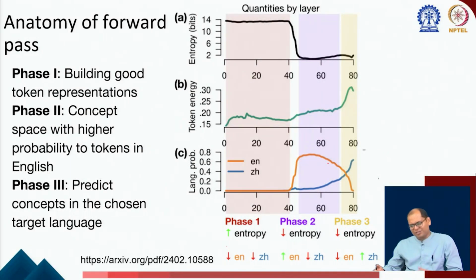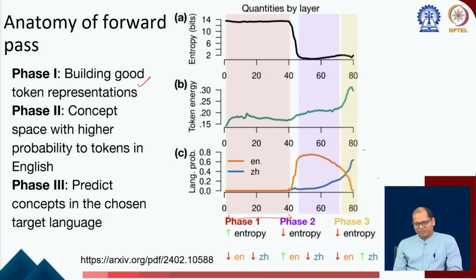Okay, and then based on this very interesting finding, they clearly identified 3 phases in the LMs. These phases are divided across layers. So, you have the first phase that goes, say in an 80 layer model, from 0 to close to 40, where you are building good token representations, right. If you see, the language probability both for English and Chinese is very low.